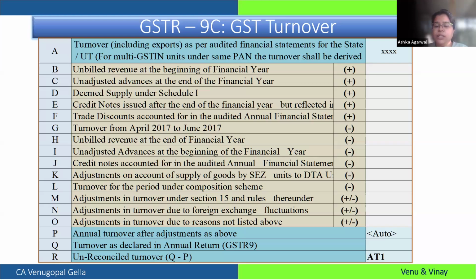Then comes valuation, which I have already discussed in my previous session regarding the sale of assets. Then there are separate lines of business for which different valuation has been provided, like air travel agents and lottery tickets. That valuation also needs to be properly taken care of. Now, persons engaged in exports may have a forex gain or loss.